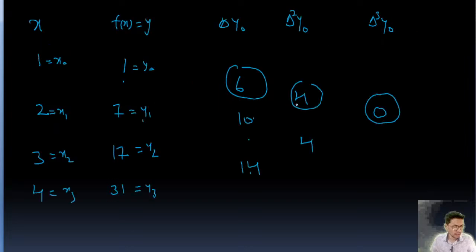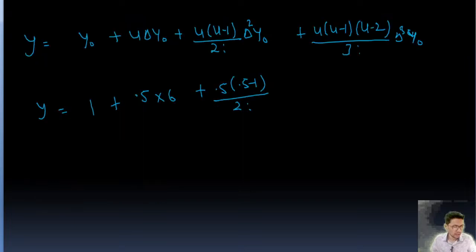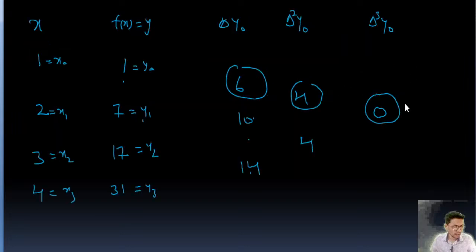square y is this value 4, right? This is 4, plus 0.5 into 0.5 minus 1 into 0.5 minus 2 upon 3 factorial, and delta cube y naught, we'll check, this value is 0, guys.